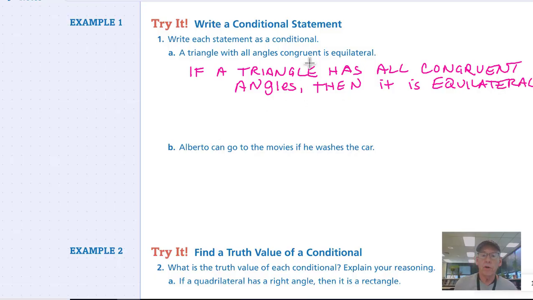Could have been, if a triangle is equilateral, then it has all congruent angles, would also be a conditional statement.